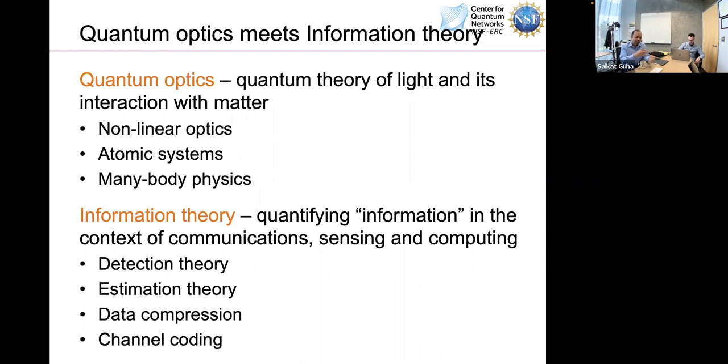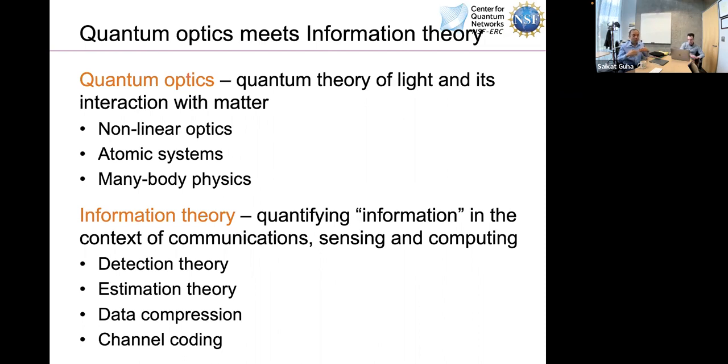And then channel coding, another field of information theory, tells you how you can send the most amount of data reliably across a noisy medium. This theory underlies communications in our cell phones or in the Zoom call that we are having right now. Now, for all of these four bullet points, there are classical versions of these theories.